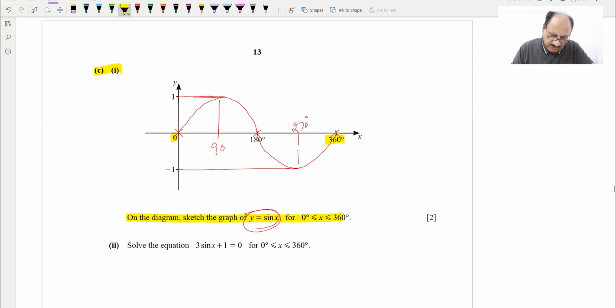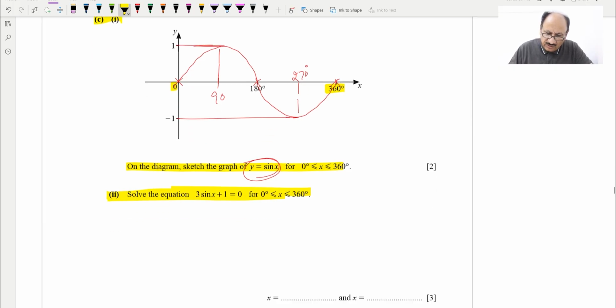Then they are saying solve the equation 3 sine x plus 1 is equal to 0. So we can rewrite this as 3 sine x is equal to -1. So sine x will be equal to -1 by 3.